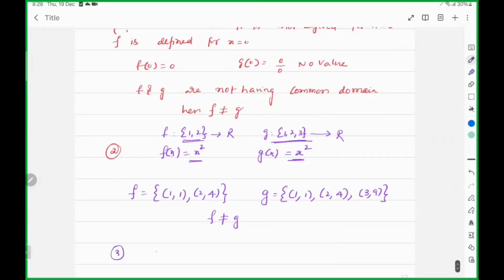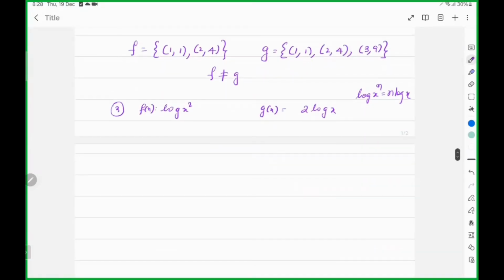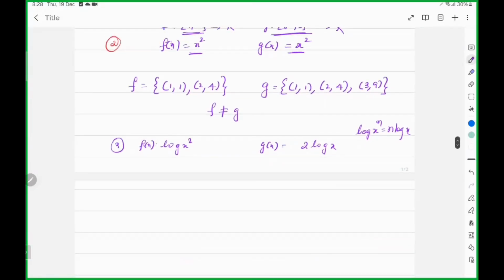Another example: f of x is log x squared, g of x is 2 log x. In general, what we write is log x power n is n log x. That is not true for all x. For example, x is minus 1: log of minus 1 squared is log 1, which is 0.